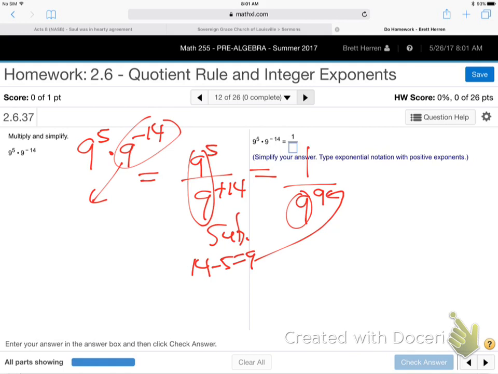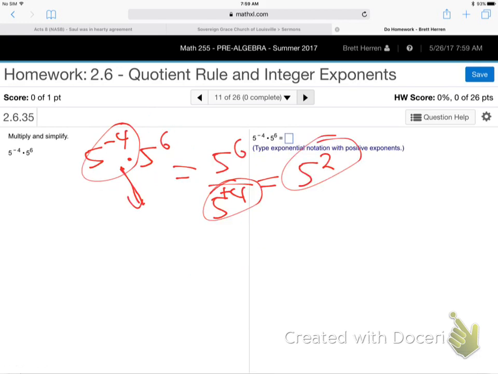Why did the 9 to the minus 14 end up at the bottom of the fraction and not on top of it, just like the previous one? Because the bigger one was on the bottom. On the last one, the bigger one was on the top. So wherever the bigger power is, if it's on the top, the answer ends up regular, because that's really over 1.